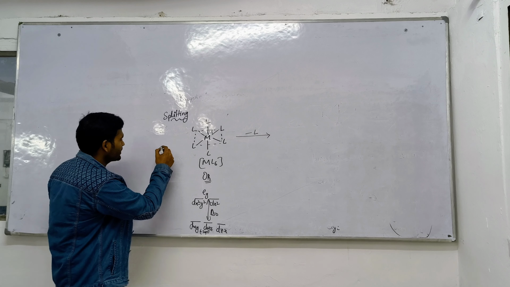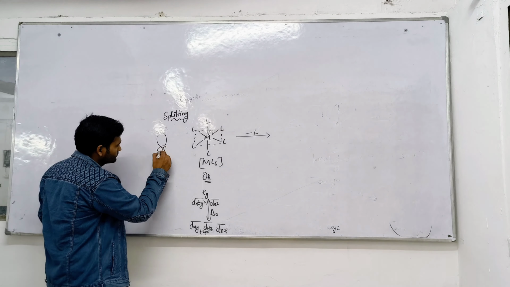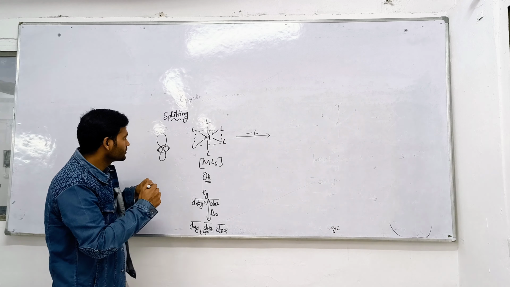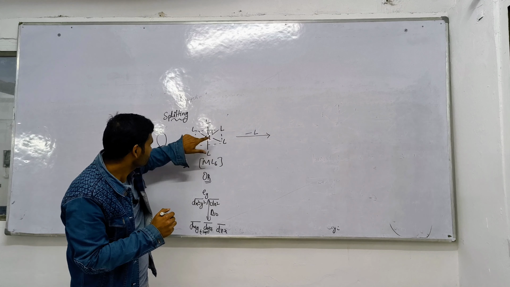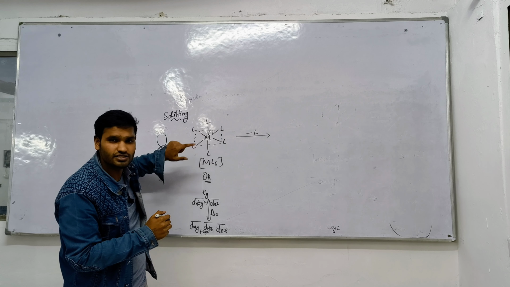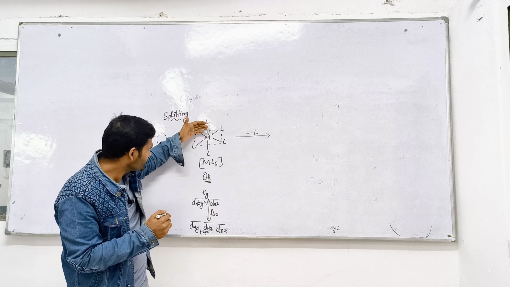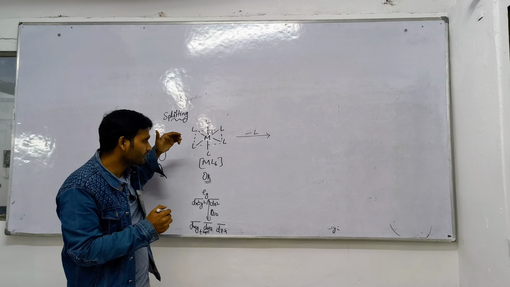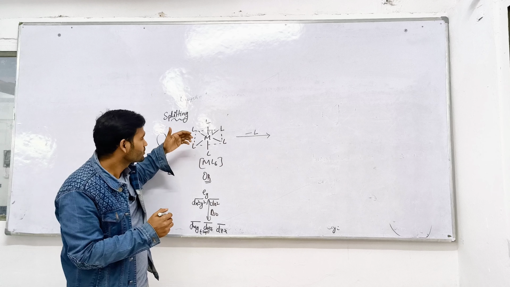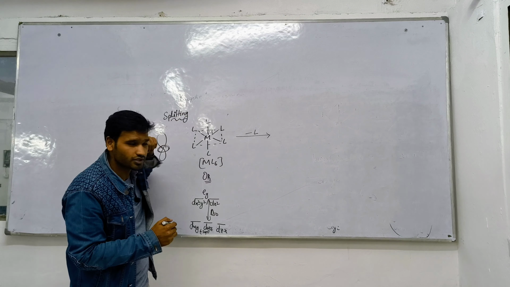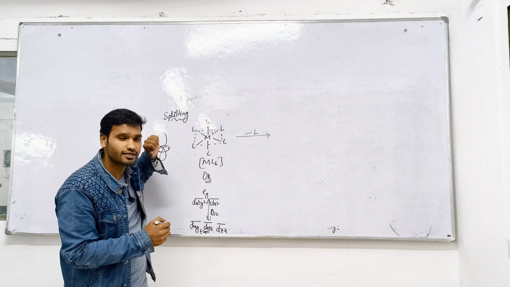So dz square looks like this. These ligands are directly facing dz square and the other dz orbitals. So when I remove this ligand, what is happening to the d orbitals?